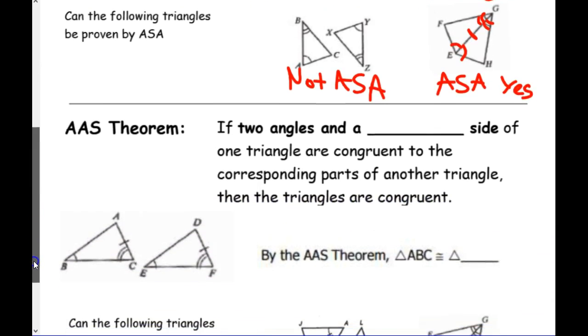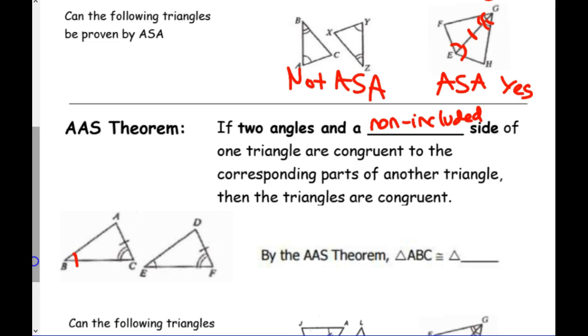AAS. Angle, angle, side is when two angles and a non-included side of a triangle are congruent to the corresponding parts of another triangle. Now, this one is a little bit different than the last one, right? Here's the difference.